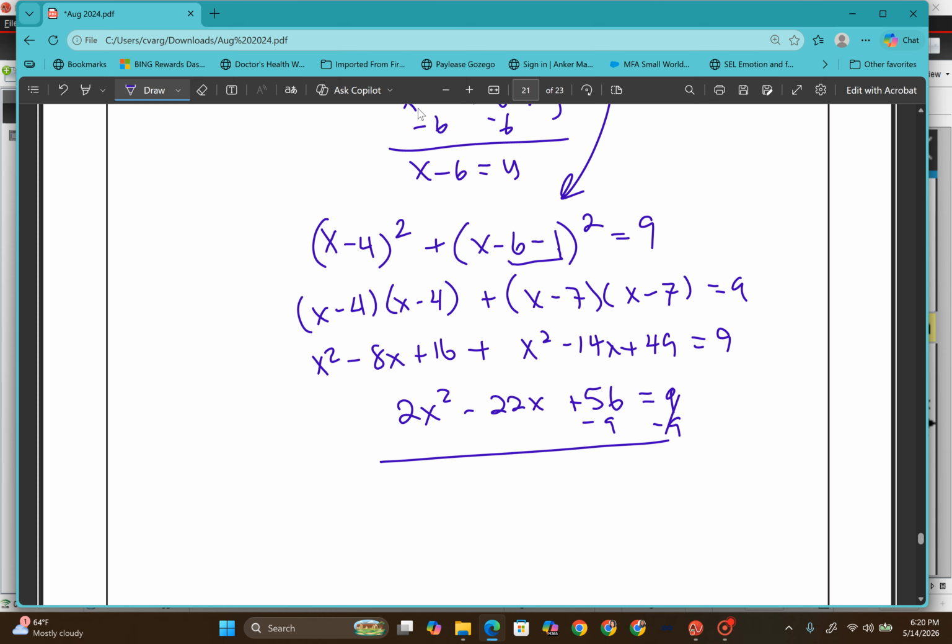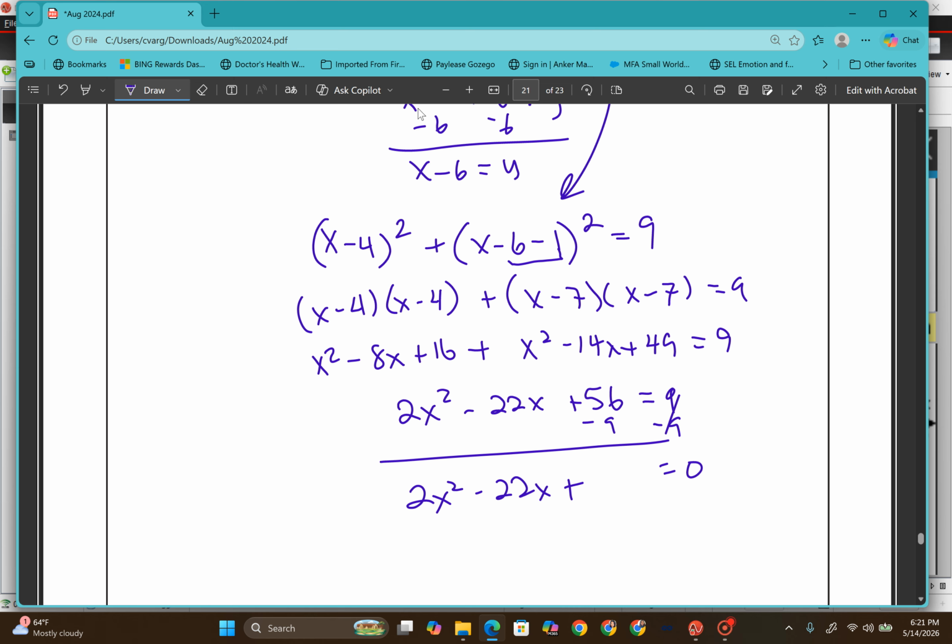So 2x squared minus 22x. This would be great if it's an even number. So this is plus. This is what happens when I go quick.